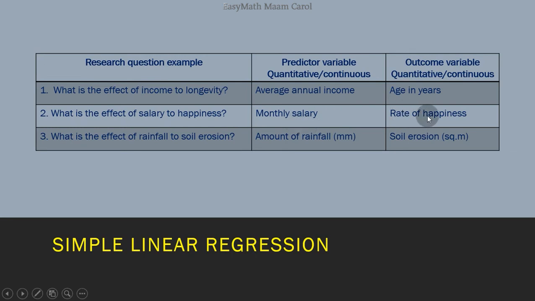So, mga ganon. Now, what is the effect of rainfall to soil erosion? The amount of rainfall, ang unit of measure niya ay millimeters. Meron kasing rainfall gauge. If you are a scientist, you know this. And then, yung soil erosion niya in square meters.